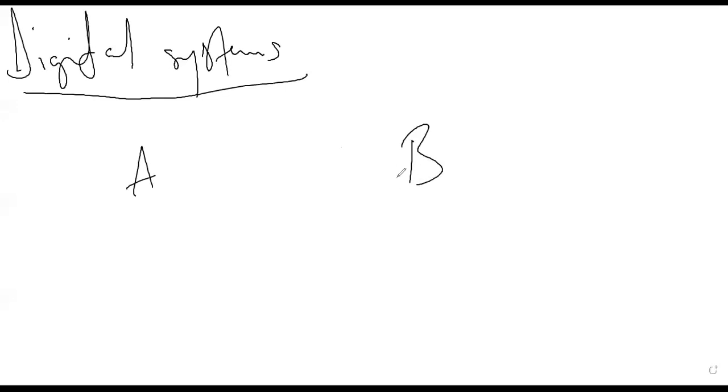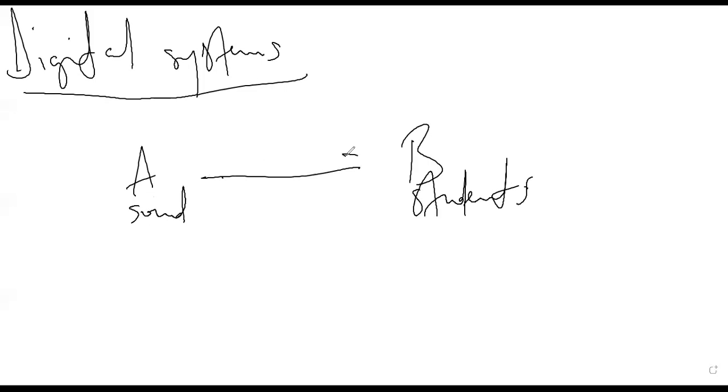You want to transmit information from point A to point B. Information can be, for example, this sound. At point B, we have my students. How do we transmit information? This is what we call telecommunications.